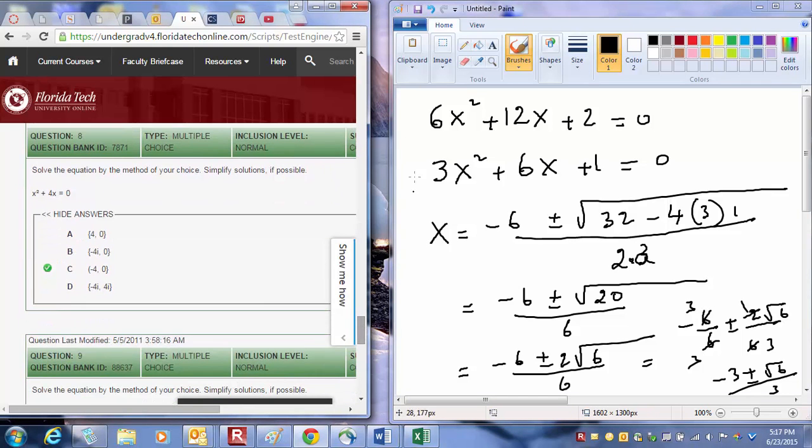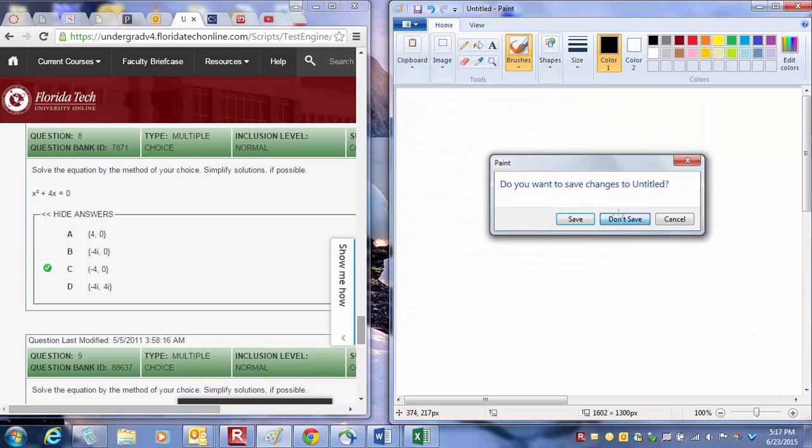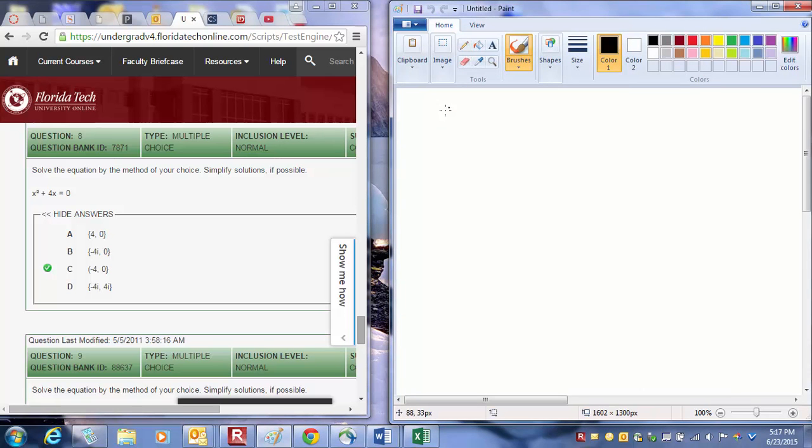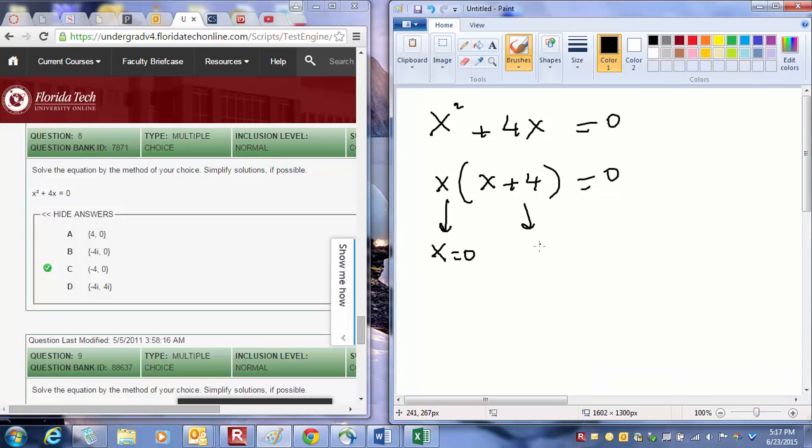On the next question, number 8, solve the equation by the method of your choice. So we can solve this equation by any method, and this is a binomial, so we can do GCF. That would be the best way to solve this problem. So we take x as a common factor, equate each one to 0, so x equals 0, or x equals negative 4.